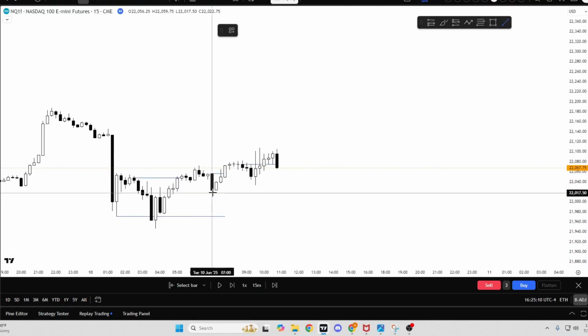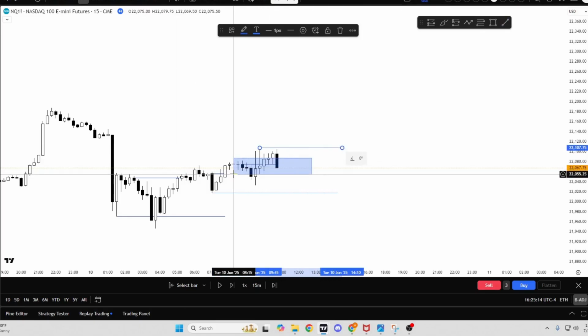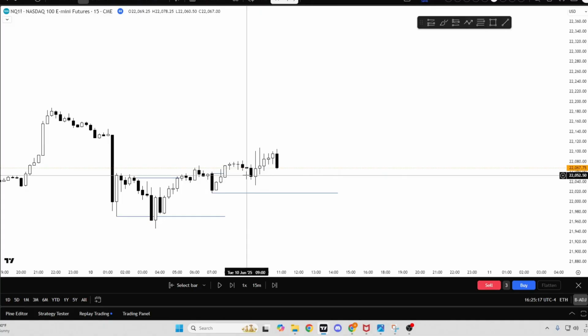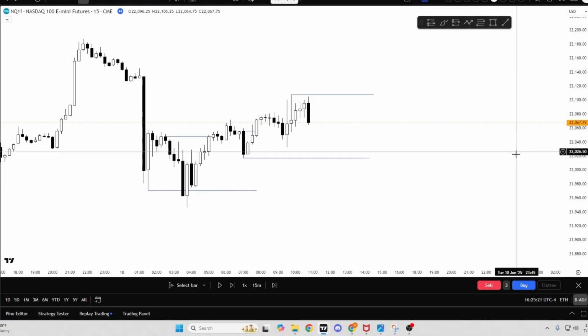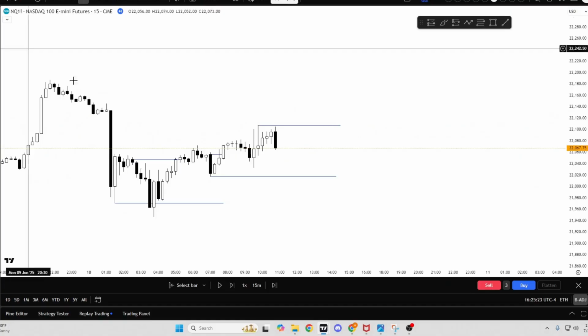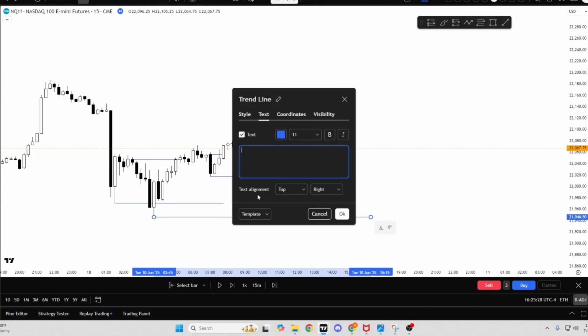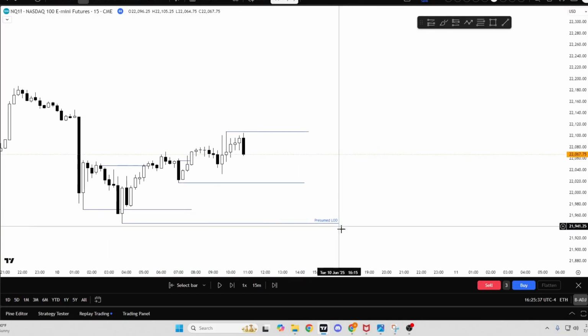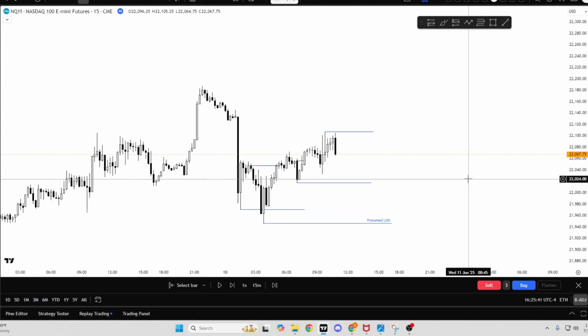So I'm treating this whole piece of PA as a consolidation range, and I'm not interested in anything that's happening inside of this range. This is our presumed low of day. And I'm assuming we don't have to return here, so hopefully we run this low, come back up, and then finally go take these.